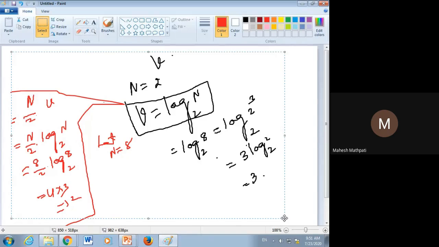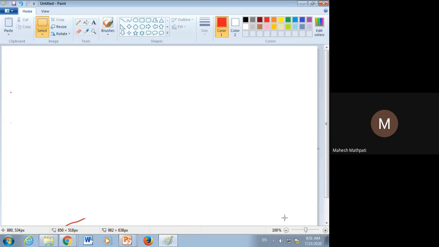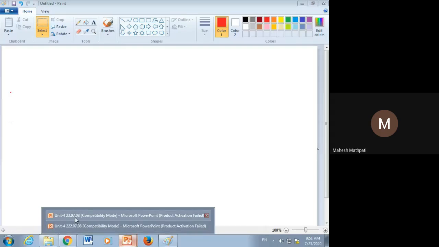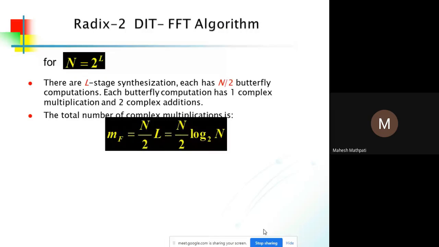The number of complex multiplications required. Next line you write: the total number of complex multiplications is equal to n by 2 into V. This is the same as the butterfly operations also. n by 2 into V is equal to n by 2 log to the base 2 n.